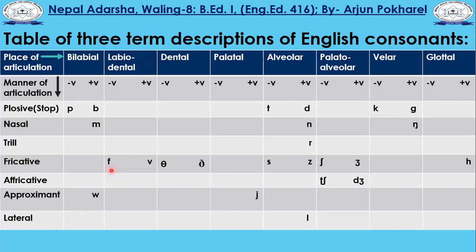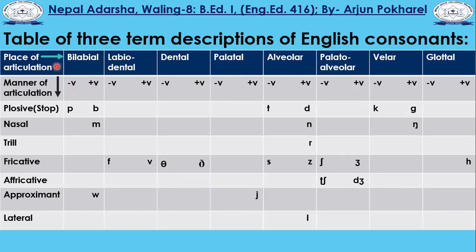In this way we have the diagram, the table of three-term descriptions of English consonants. All the consonants of English have been arranged here by giving the three-term description. In terms of voicing, they are minus B and plus B, voiceless and voiced.